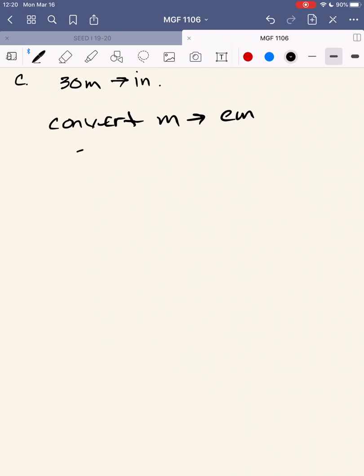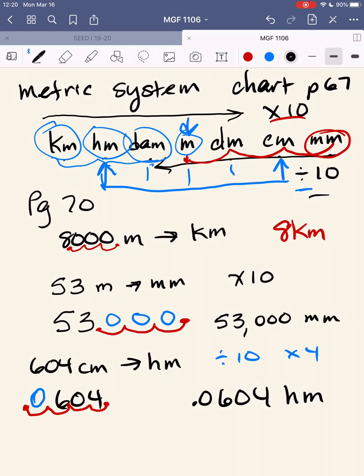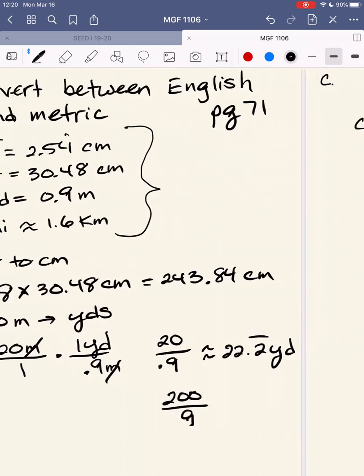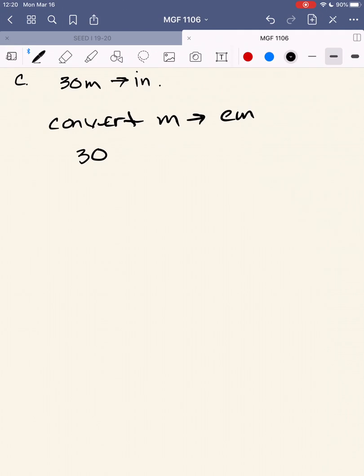So I have 30 meters. Meters to centimeters, I need to multiply by 2 powers of 10. So 1, 2, the decimal goes here, and I just add 2 zeros. So I now have 3,000 centimeters.